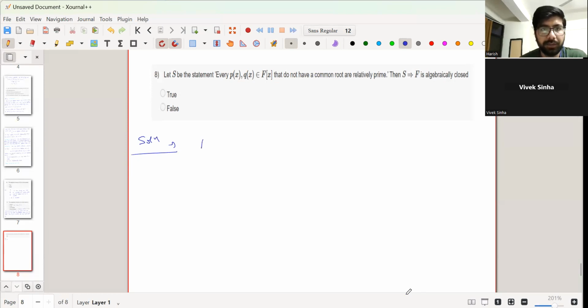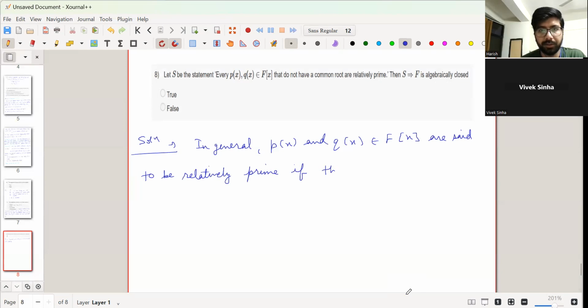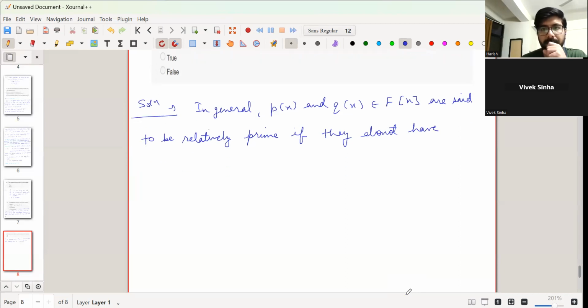So in general, p(x) and q(x) belonging to F[x] are said to be relatively prime if they don't have a non-trivial common factor, or in other words, their GCD is just one, right?